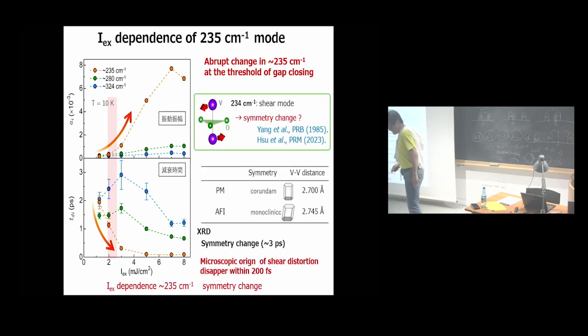And it is easy to imagine that this microscopic coherent oscillation of the CR mode is closely related to the macroscopic structure change.